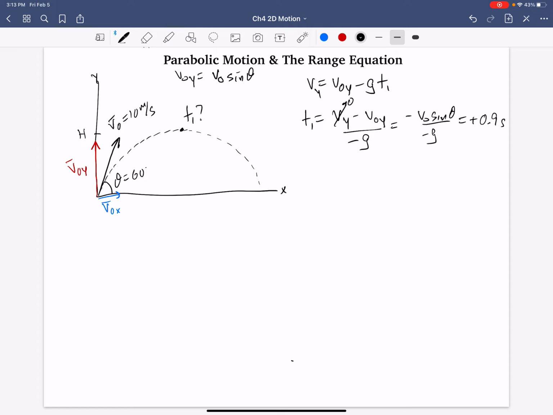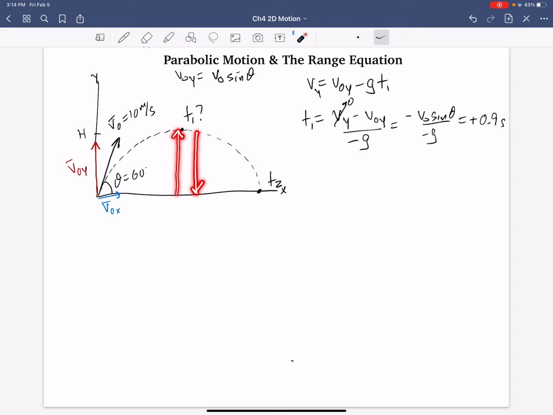What would be the time to go up and come back down, t2? Down here at the ground, the same level that it was launched at. Well, you could use other kinematic equations to piece it through and eventually solve for it. Or you could just reason that going from launch height up to t1 takes the same amount of delta y, capital H, and the same time as going from capital H back down to the launch height.